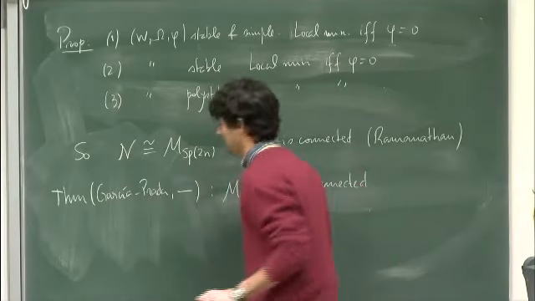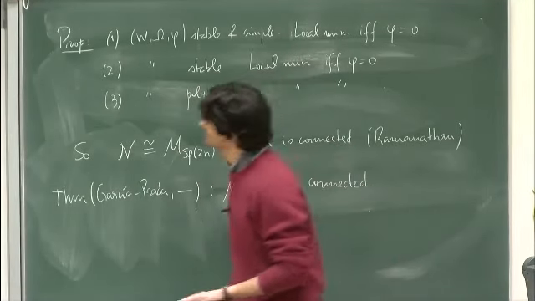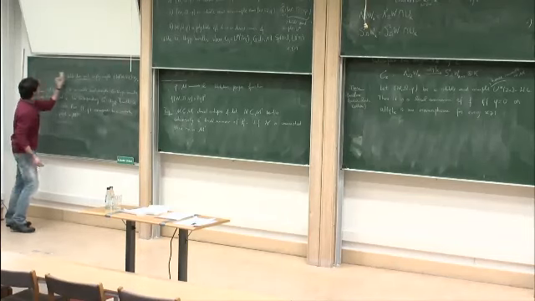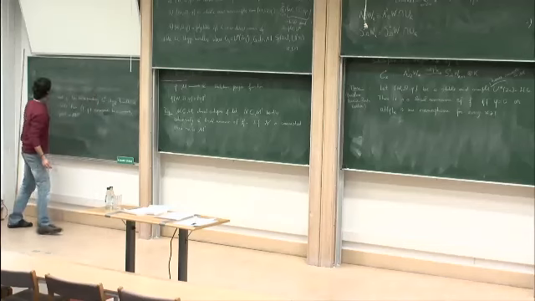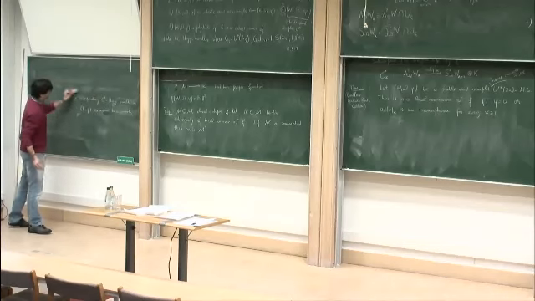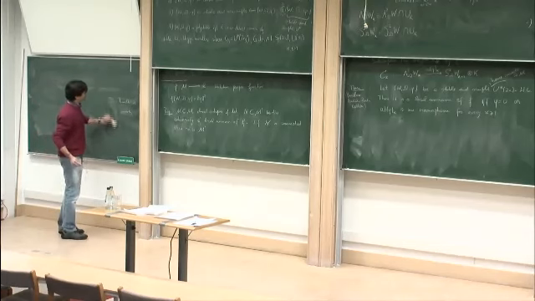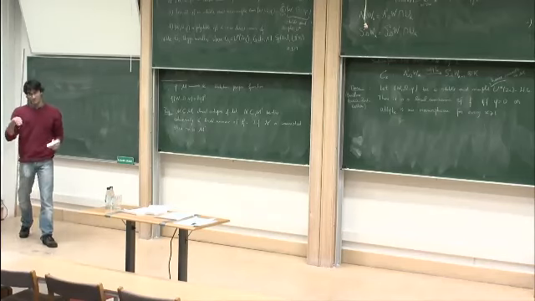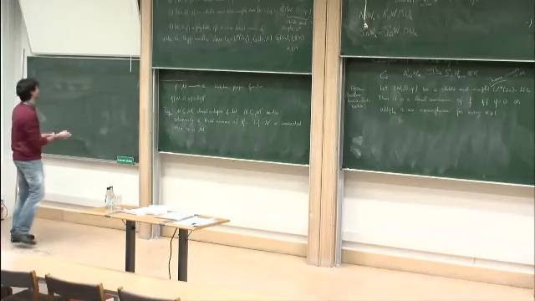Now notice that I said, for example, that one of the other real forms which has already been studied of GLNC was GLNR, and in fact many of the things which happen here are similar to that case.